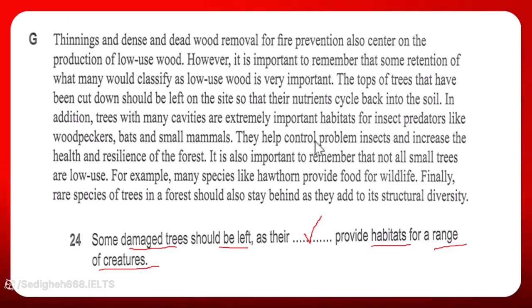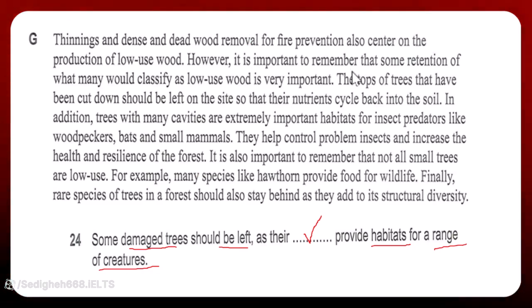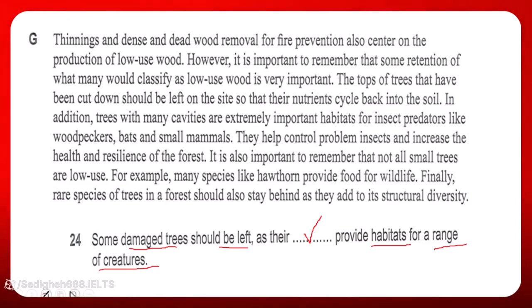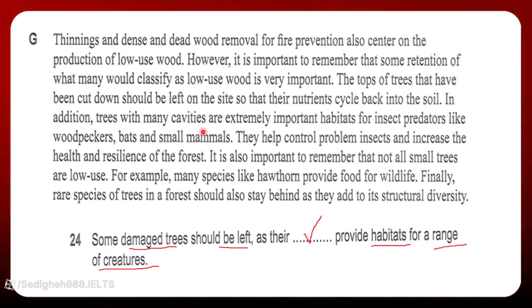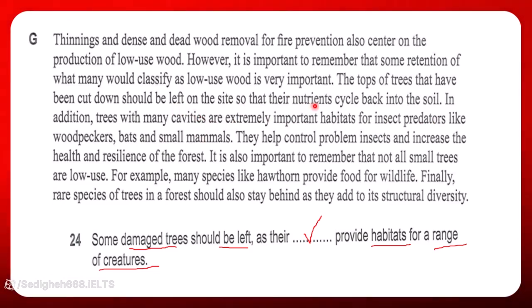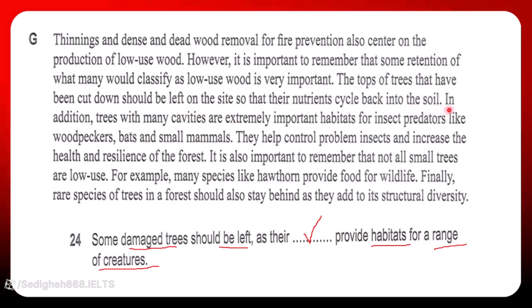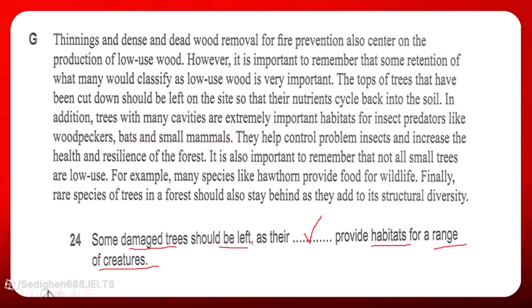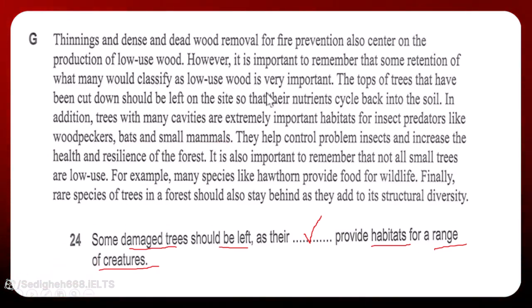We start reading the text from the last sentences, which was here. Their nutrients cycle back into the soil. In addition, trees with many cavities are extremely important for habitats for insects, predators like woodpeckers, bats, and small mammals.